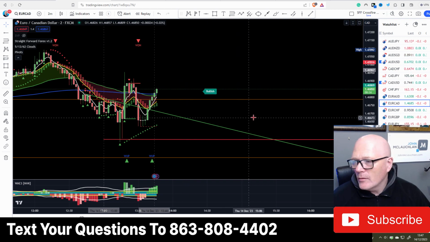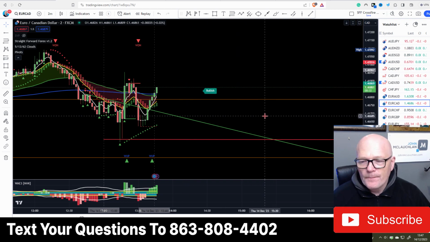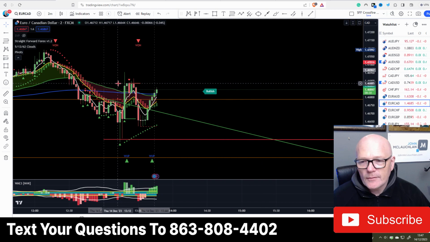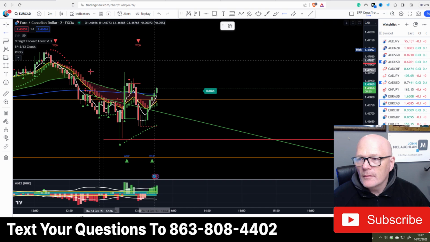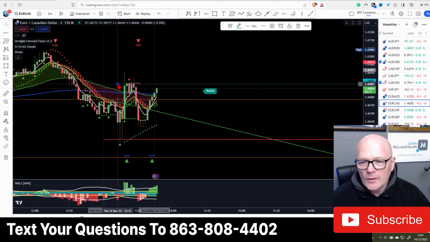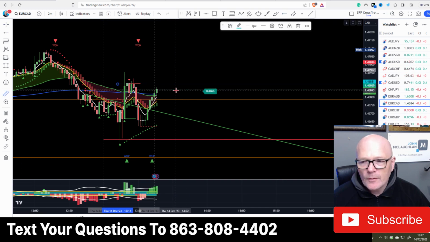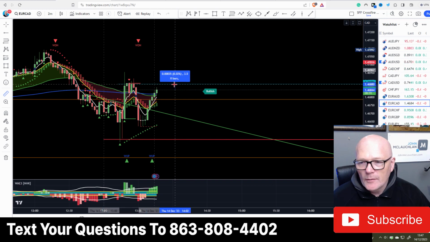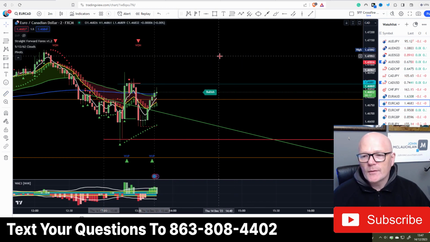Okay, so currently 34 seconds on this time frame. We have got resistance here. So again, this is kind of an area of interest or concern, because from where price is right now, we've got 3.5 pips.